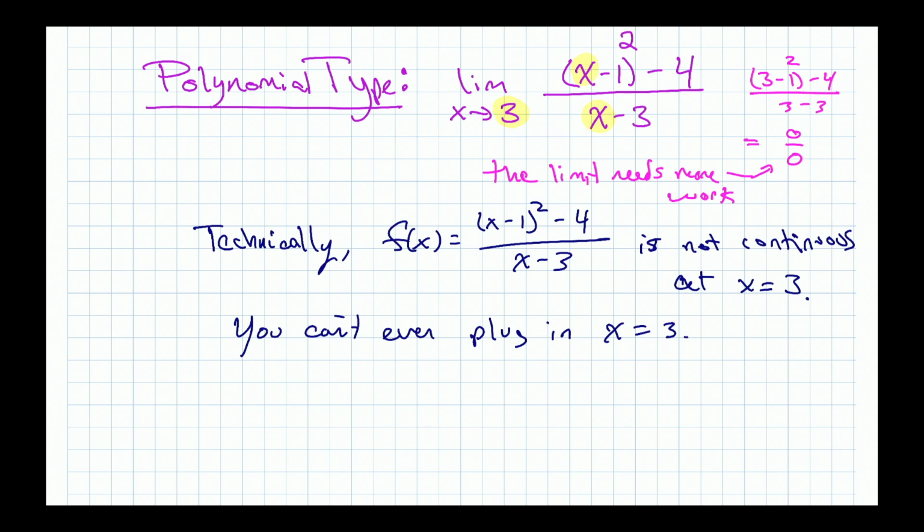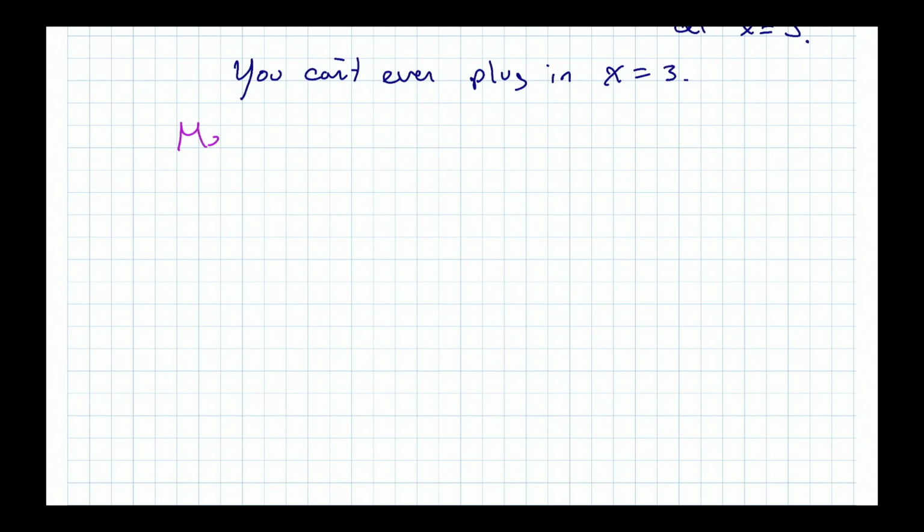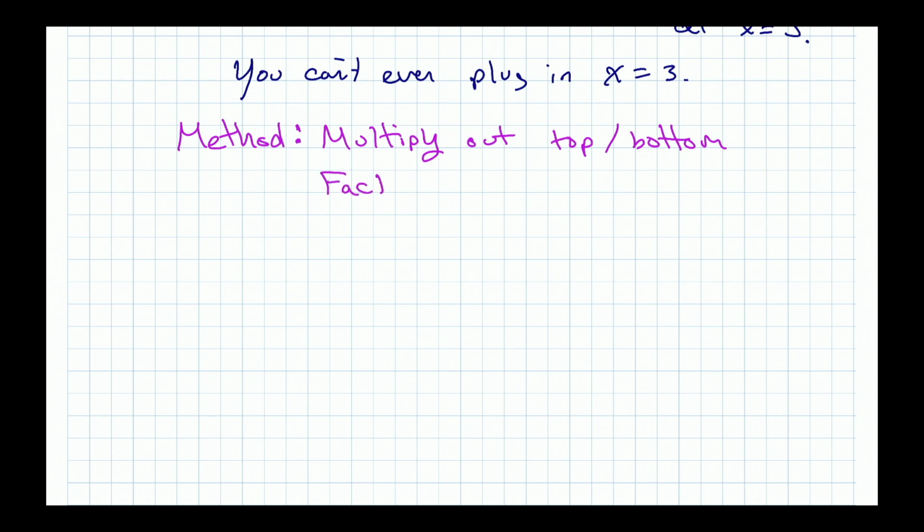All right, polynomial type. There it is. Now, what do we do? Now, the method is actually very easy, much easier than the root type method. All you do is you multiply anything out that you can on the top and the bottom. Then you factor, if you can, which you should be able to.